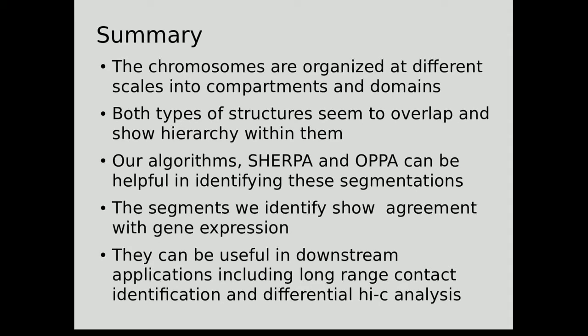In particular, if you want to remember just one useful thing, using these correlation matrices is really a useful thing to do. There might be downstream implications.